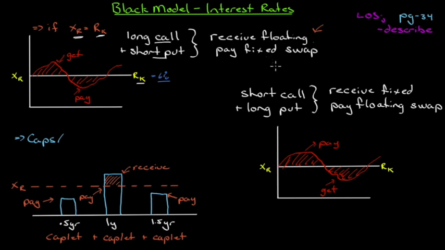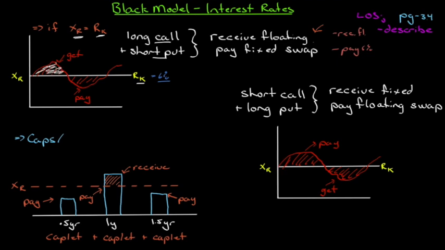So we have a pay fixed swap, which means we would be paying 6%. And we would be receiving whatever the floating rate happens to be. So let's see if this actually works out with our call option and our put option. So if this is 6%, anything above that 6% we get. So this shaded in area up here, this is what we would receive from the call option.